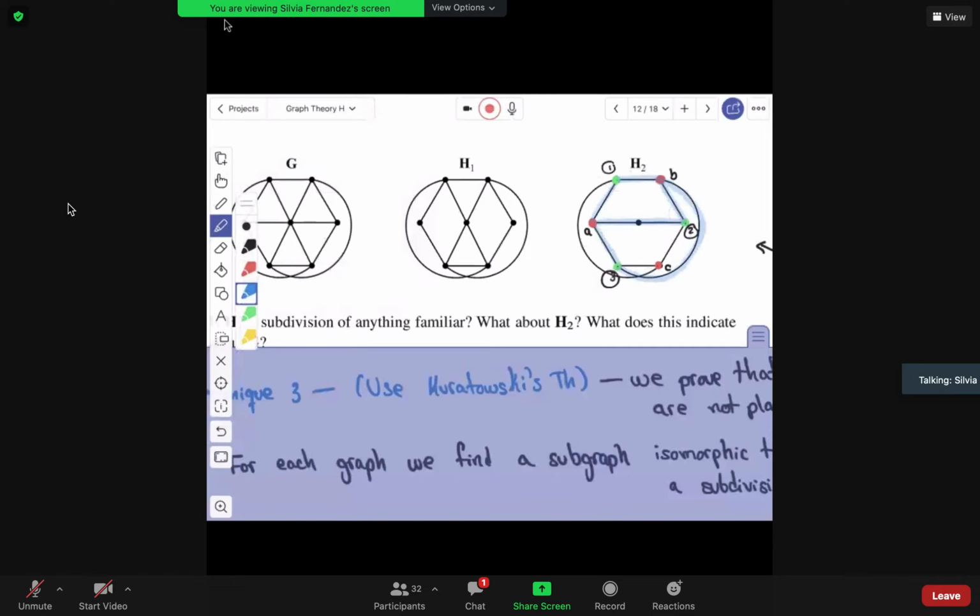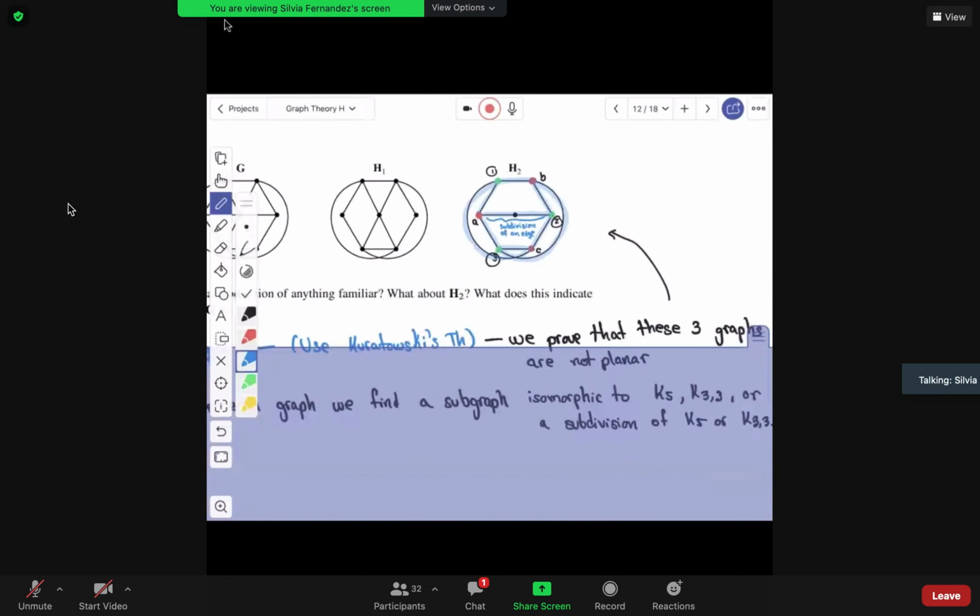Those are actual edges. And then C is joined to 2, C is joined to 1, and C is joined to 3. The only one that is not an actual edge is this one. But there is your K3,3.